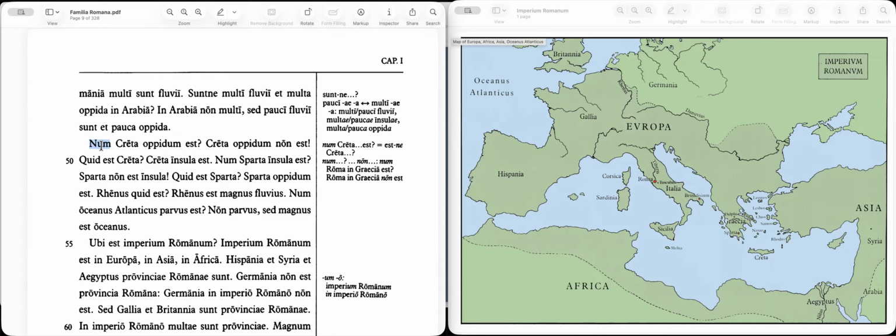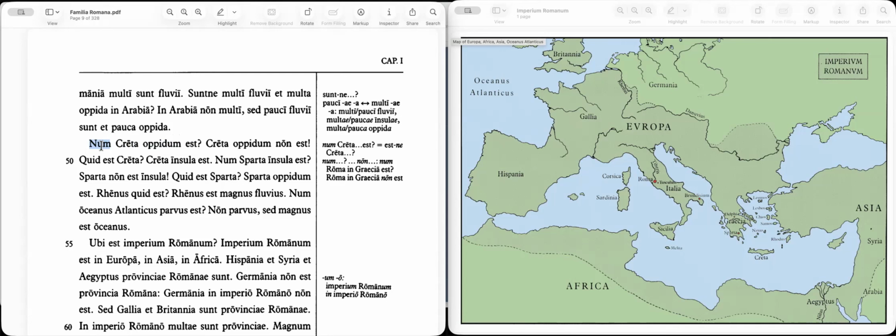If I say that, Crete isn't a city, is it? What do you say? You say, no, it isn't. Some people will say, yes, it isn't. But either way, the answer is the negation of it.